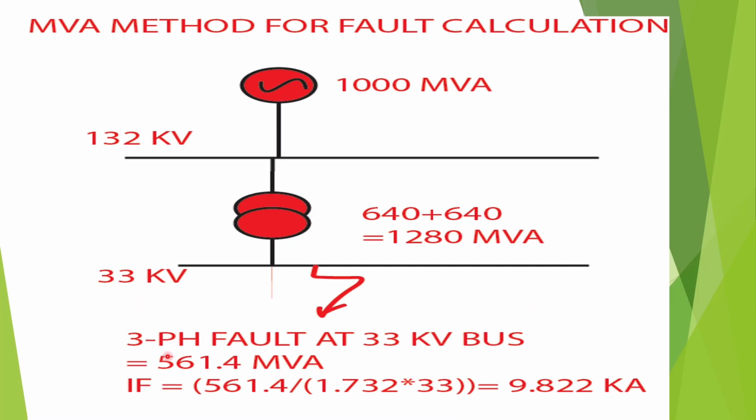Since the three-phase fault MVA for the 33 kV bus is 561.4 MVA, the fault current at the 33 kV bus is 561.4 divided by root 3 into 33, which comes as 9.822 kiloampere. So it is a very easy method for calculation of fault current for a particular bus.